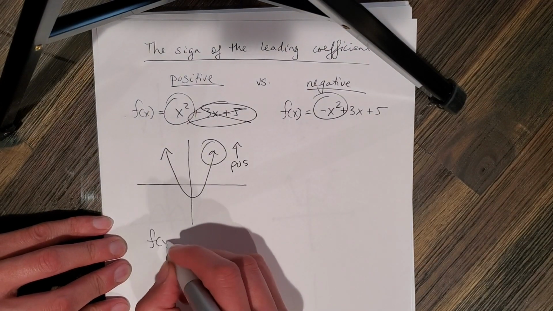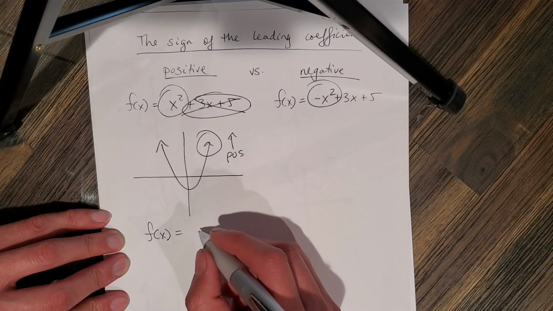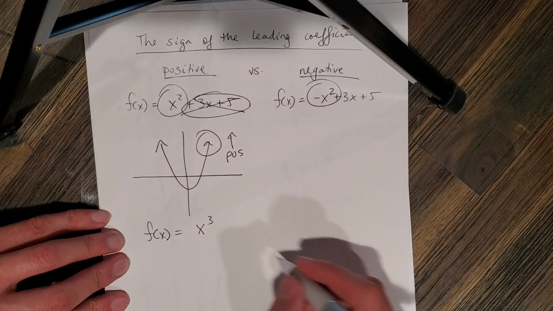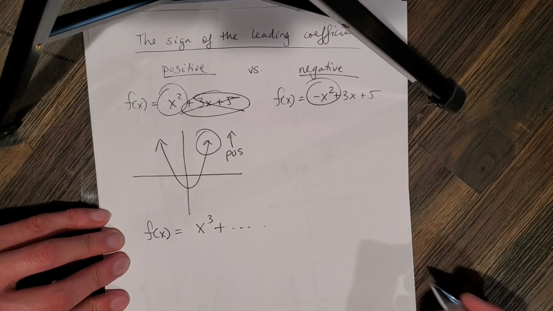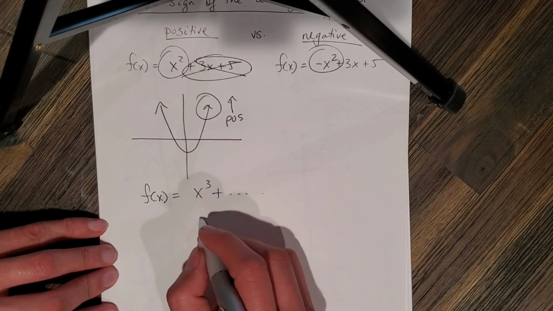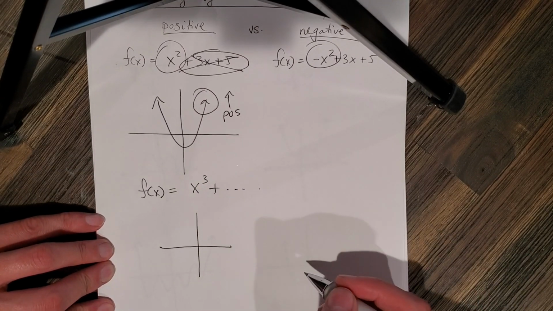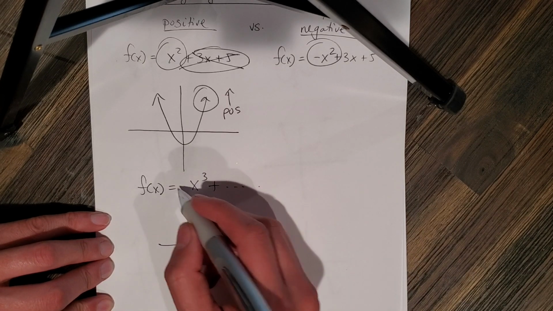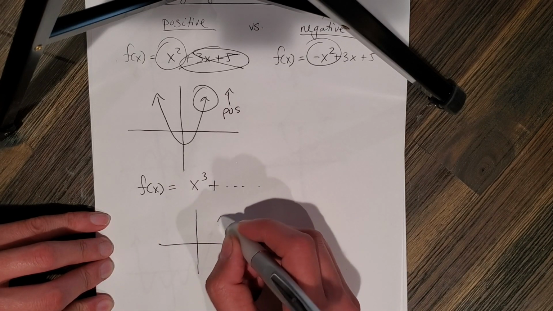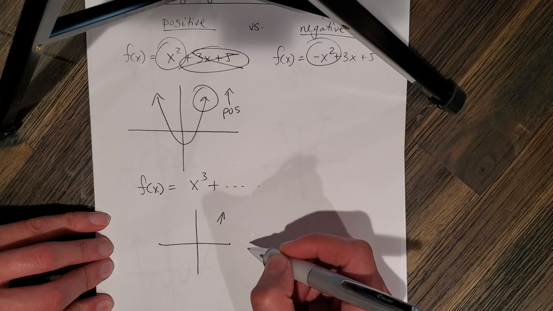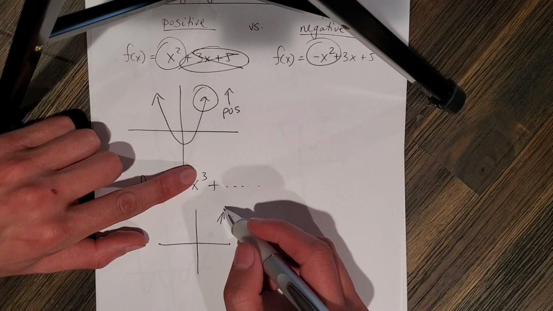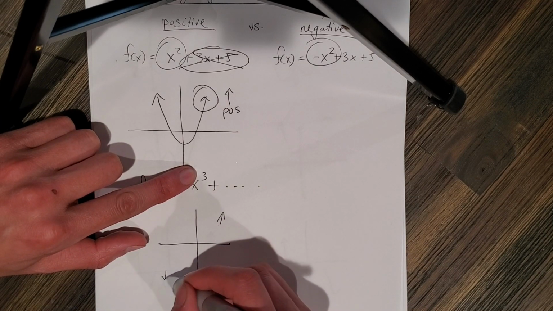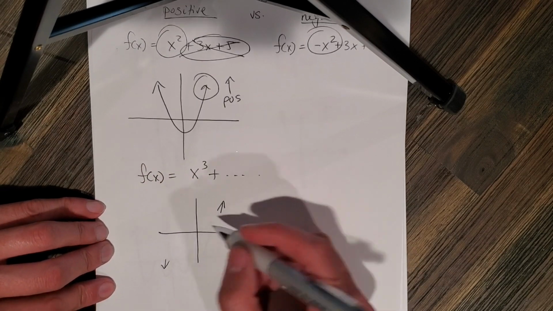So say for example I have f of x equals x to the third power plus blah blah blah blah right here. It doesn't matter what else comes after this. If we have this situation, okay, that means that on the right side, because it's positive, it's going to go up like this. Okay, but since it's odd, that means this side's going to go down. So I can make it look like this.